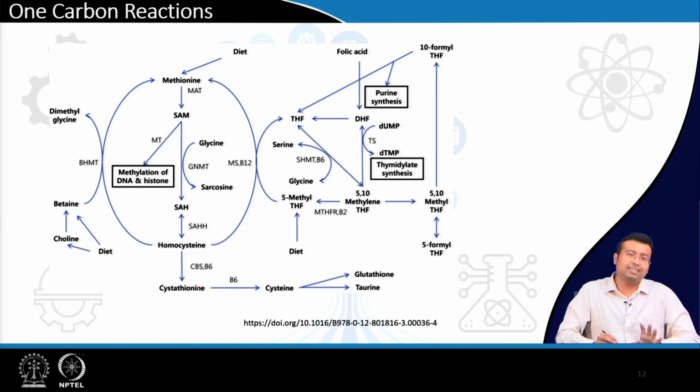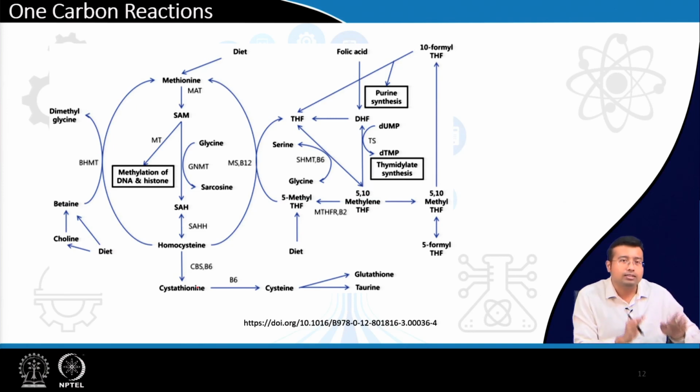So here is a broader view of the one carbon metabolism cycle. You can actually pause this slide, you can take a screenshot, or you can make your hand drawn notes, but it is very important that you are able to join the bits together by now. One part is still unexplored, you can see purine synthesis and thymidylate synthesis.